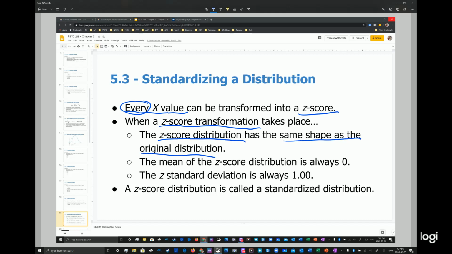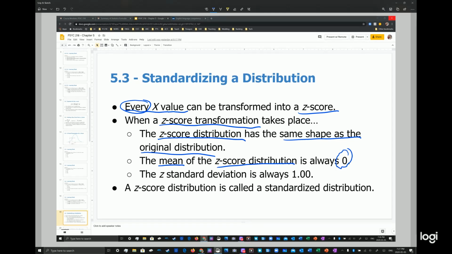We haven't moved the values, we just transformed them, we just multiplied them by something, and we measured them by standard deviations. The first big change you notice is that the mean of the Z score distribution, your standardized distribution, specifically the standard normal distribution, will have a mean of 0 all the time.